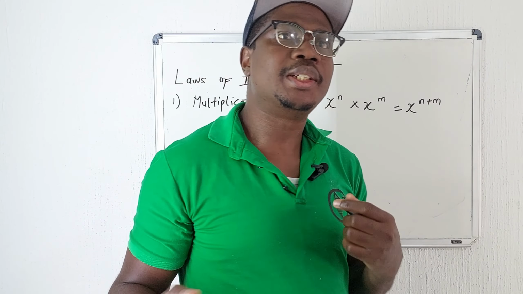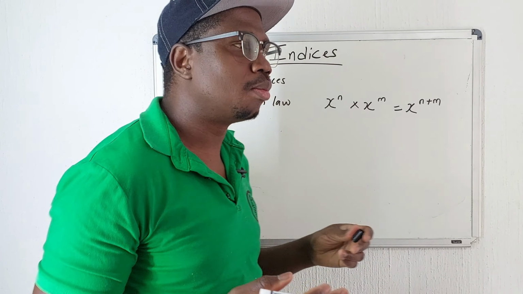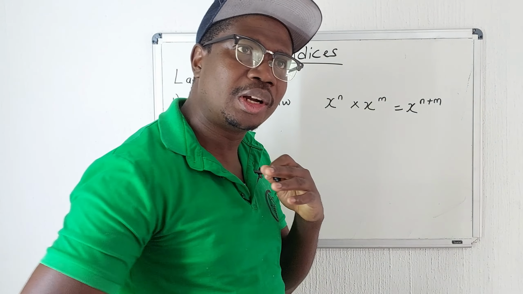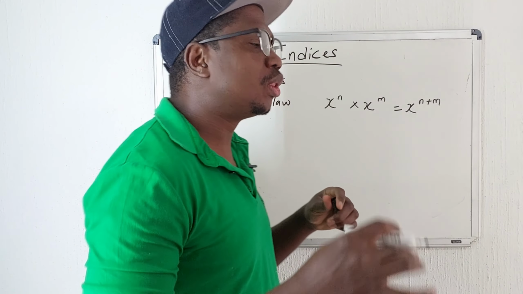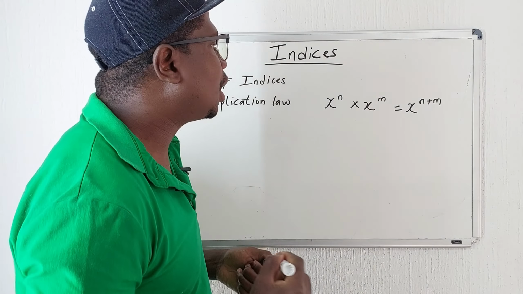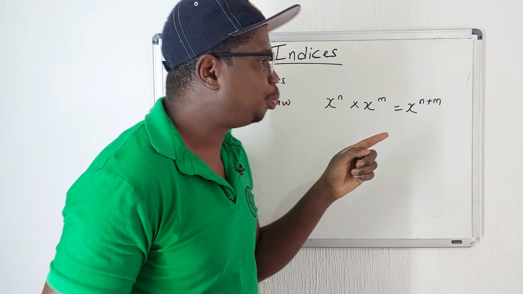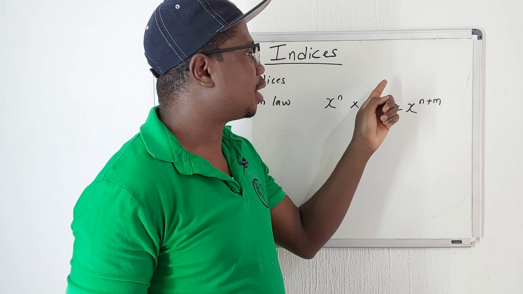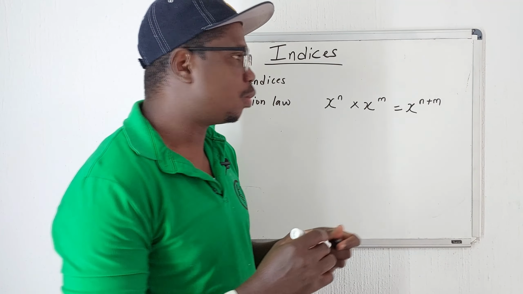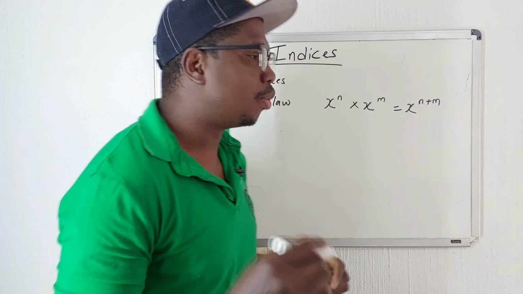Under laws of indices, we have 3 basic laws which we use, and subsequently other laws, up to 7. The first law is the multiplication law. If we have x to the power of n times x to the power of m, we have x to the power of n plus m. What do we mean?